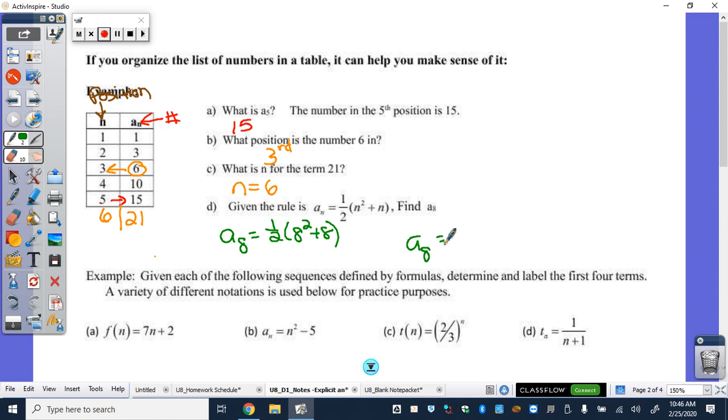What do we get? What's a sub 8? 36. So again, explicit formula, you can figure out any position, any given point in time.